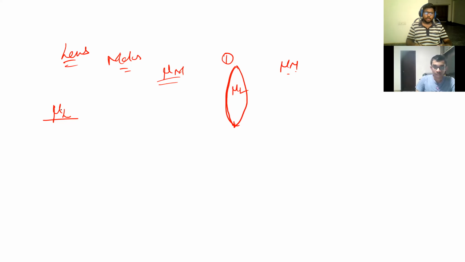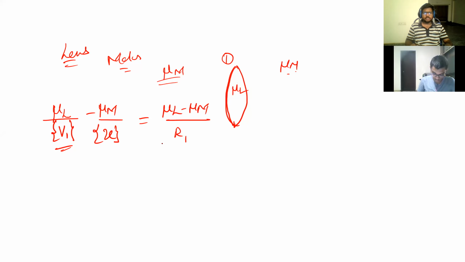So for the first surface, I will consider the image as V1. V1 is not the final image, but the image formed in between. The first surface image will become the object for the second surface. So mu L by V1 minus mu M by u, the object distance, is equal to mu2 minus mu1, that is mu L minus mu M by R1. Do you accept this or not?